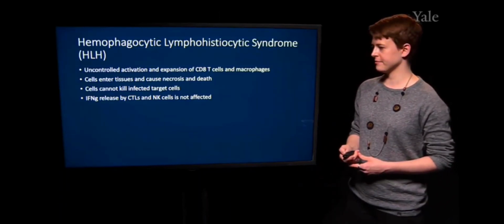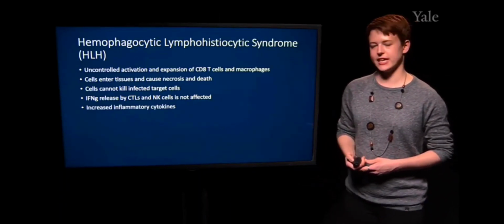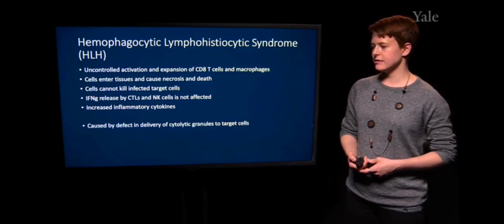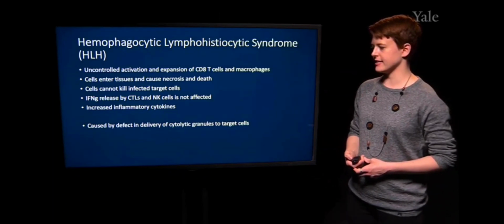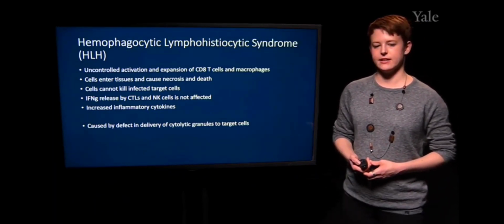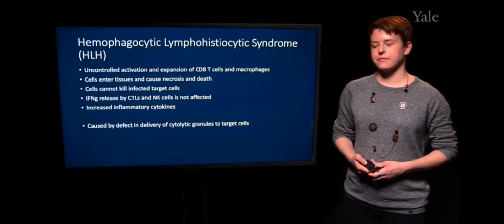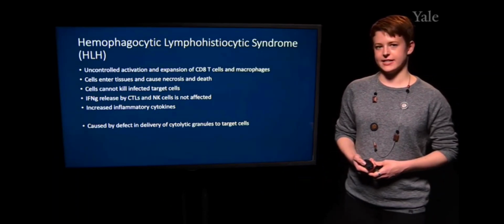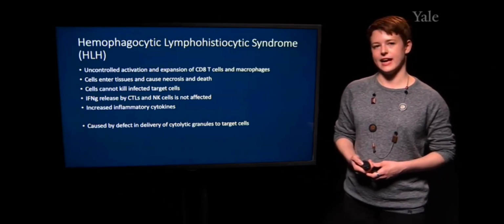We do see increased inflammatory cytokines, and this disease is caused by a defect in delivery of cytolytic granules to target cells. So this is why we see a decrease in cell killing of target cells while also having an active expansion of these cells.